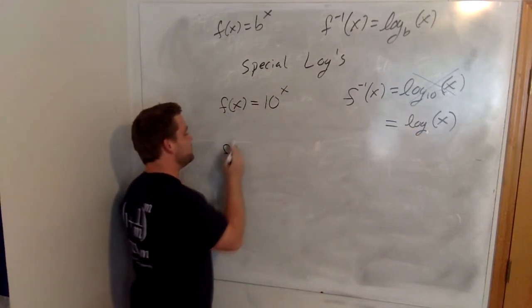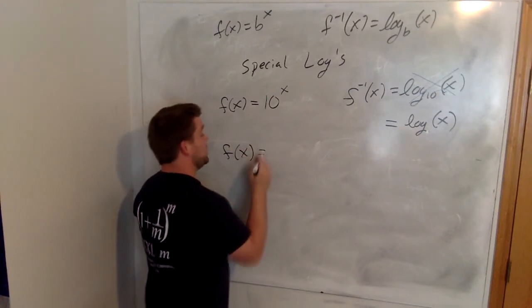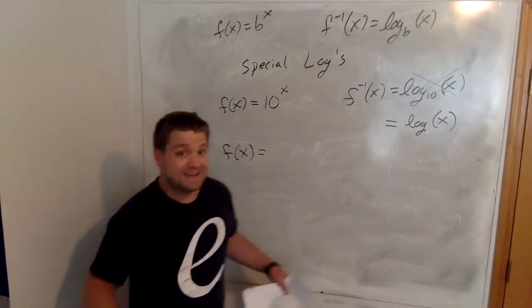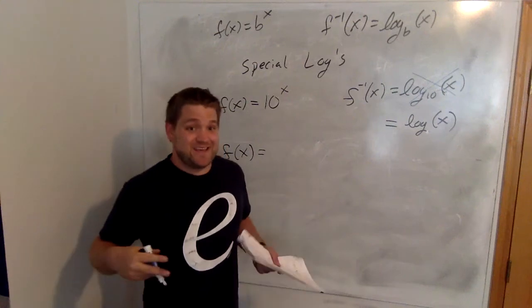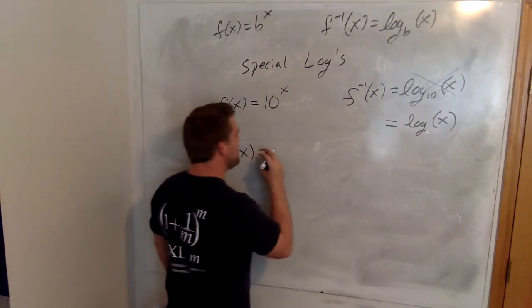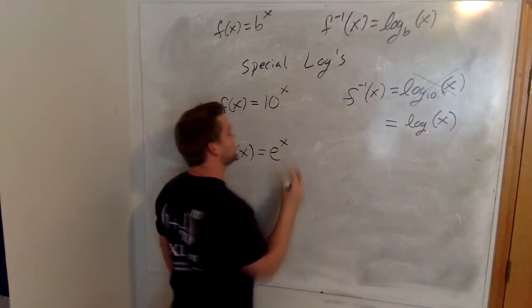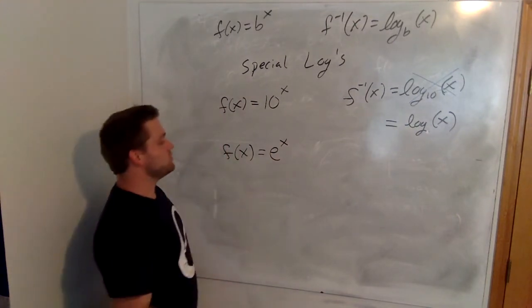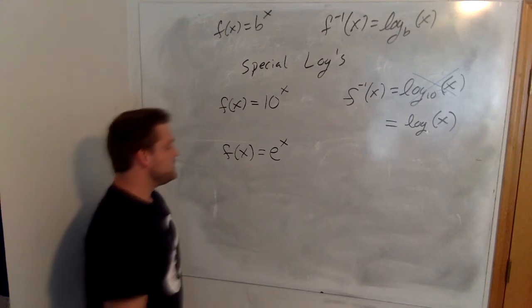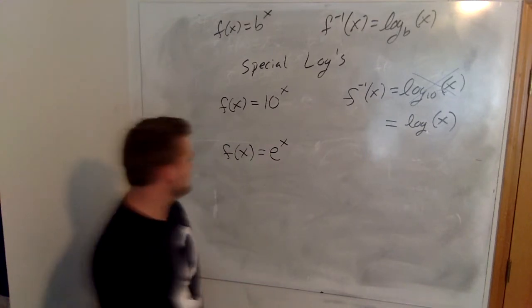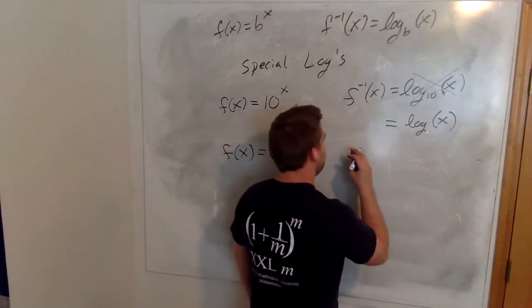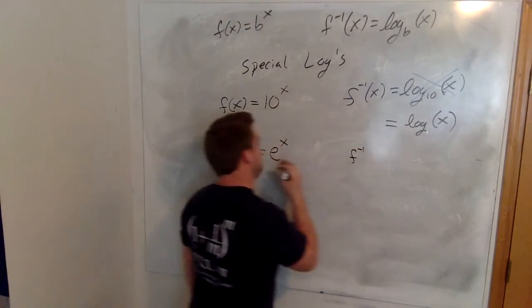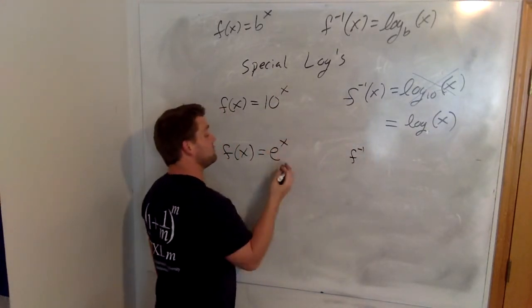Also, what's another super important base of an exponential? e! This is also another super important base for an exponential. The number e is super important. You're going to see this pop up all over the place in calculus. So e to the x is a very special function in mathematics.